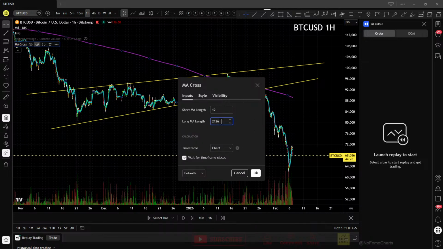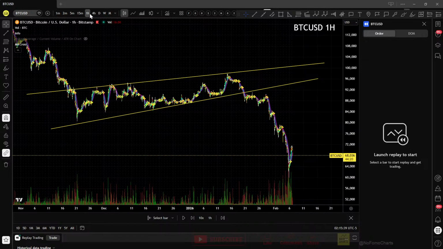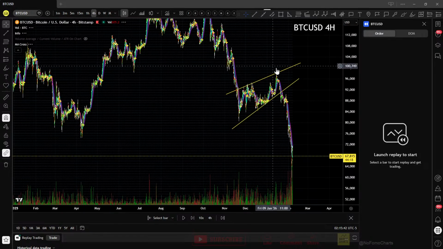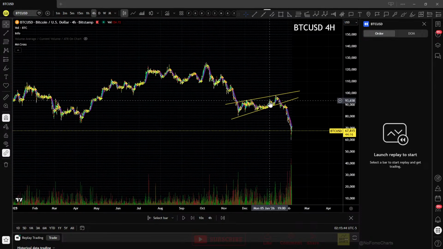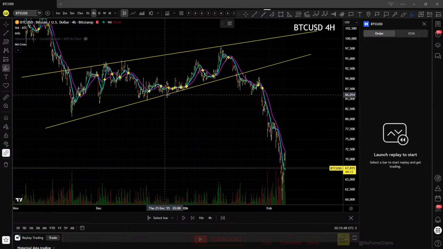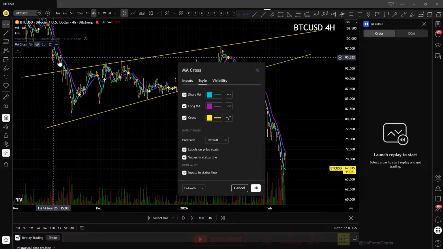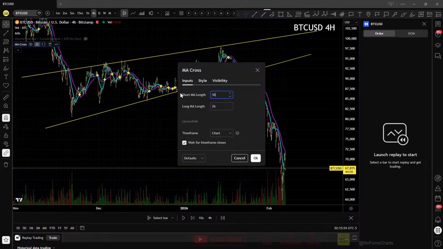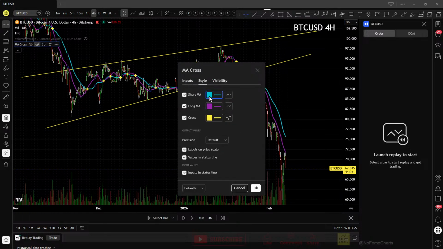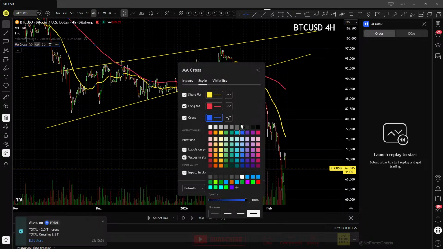So I'm using 12 26, and it's my light blue and purple. So we could see very short term on a 4 hour chart, we almost had the uptrend. Actually, let me switch it to 50 200 because you'll be able to see it better. I'll go back to my 50 200, my yellow and red lines.